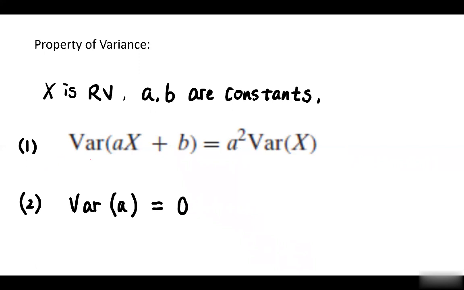I'm not going to prove this for you. If you're interested, you can try to prove this property after this class, okay? So please write this down, as sometimes this can simplify your calculation.